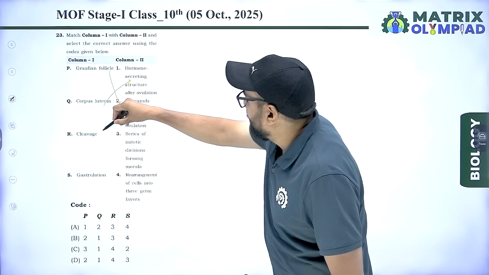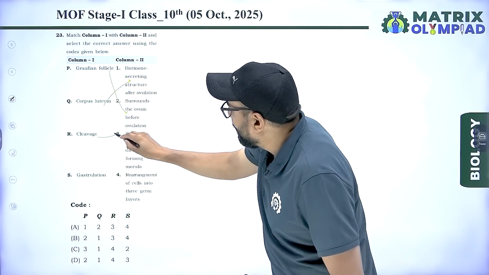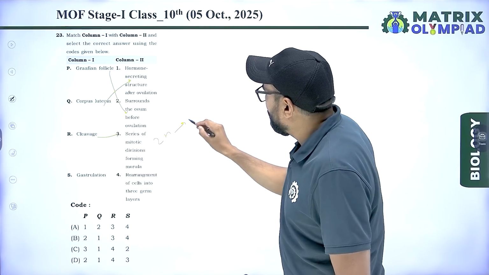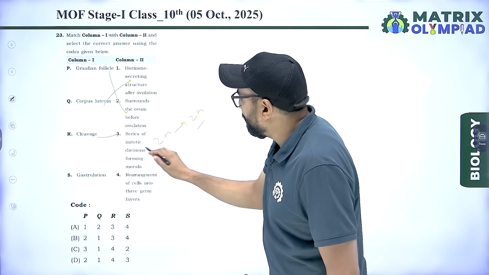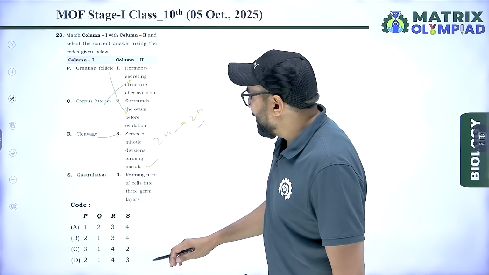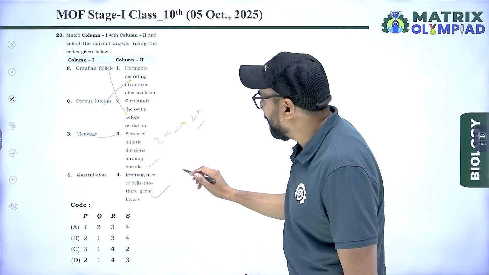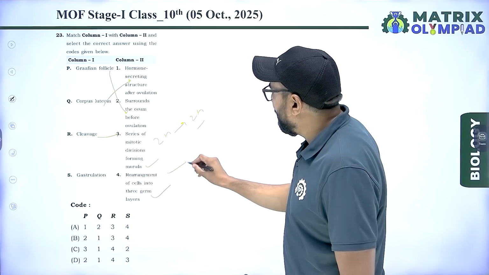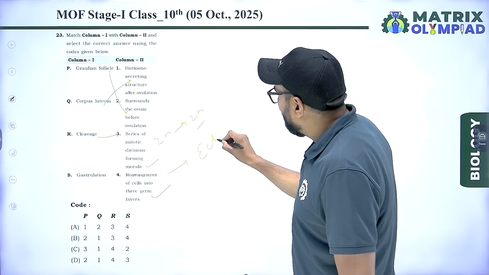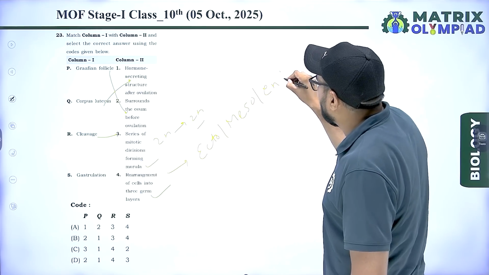Next, cleavage is a series of mitotic divisions, 2n to 2n, forming the morula. Gastrulation is the rearrangement of cells into three germ layers: ectoderm, mesoderm and endoderm.